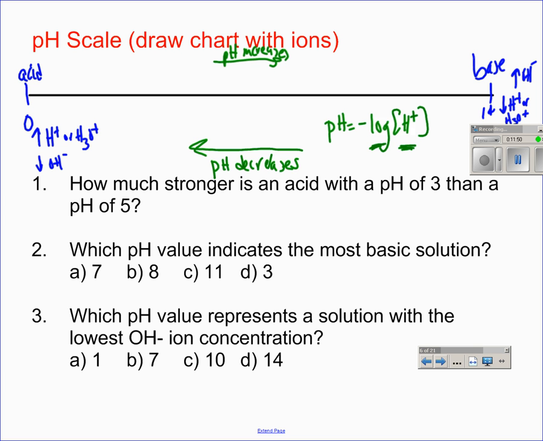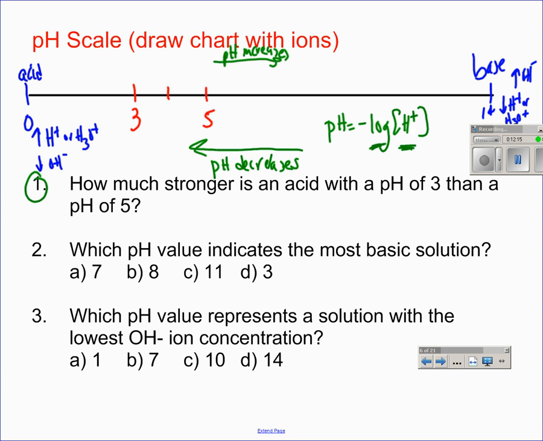And if you're getting more basic, you're going to decrease the H plus ion concentration. So look at question number 1. How much stronger is an acid with a pH of 3, so I'm going to draw that on here, than a pH of 5? Well, it's going to be more acidic, 3, because it's more towards the acidic end.